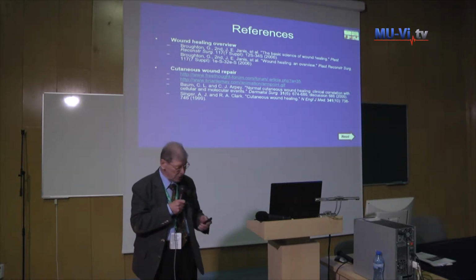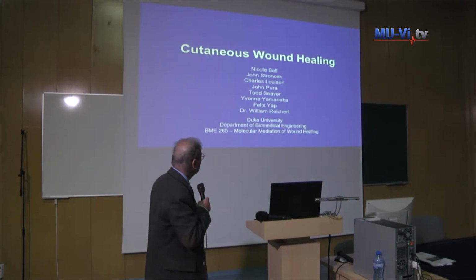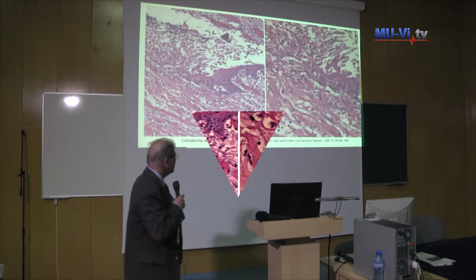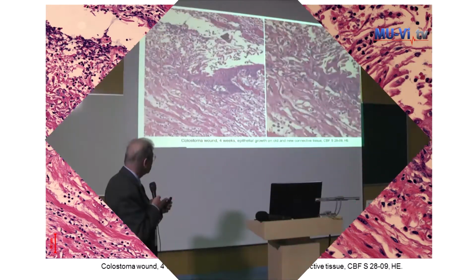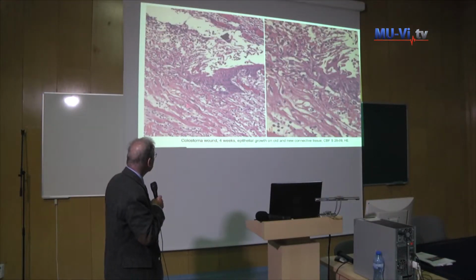Now, going back, this is, for example, a wound, four weeks after a colostomy was made, and here you see the extracellular space with the fibers and some fibrin and epithelia that are growing to cover this area.